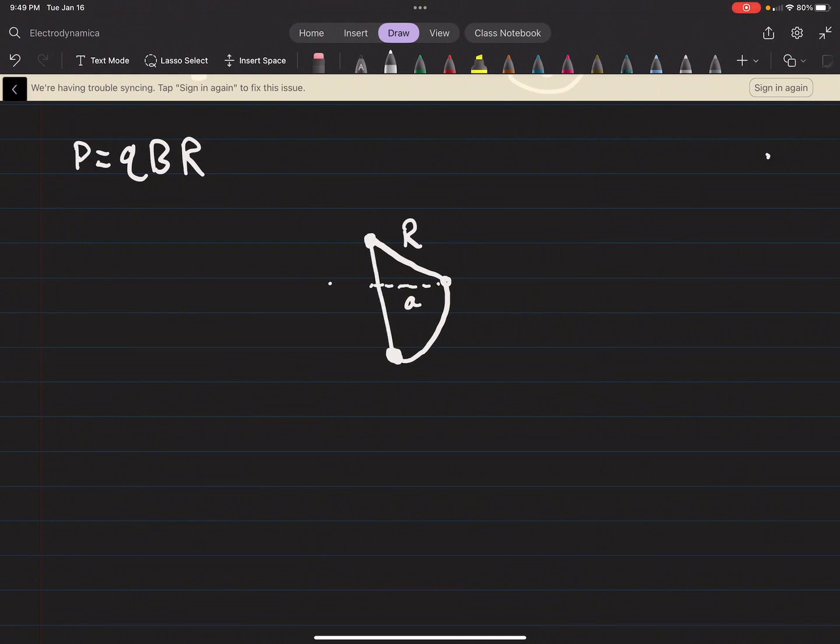That also clearly must be a distance r because it's from the center of the circle to a point on our arc there. But what we're trying to look at is this triangle here. And we'll call it x, for example, for this leg of the triangle.